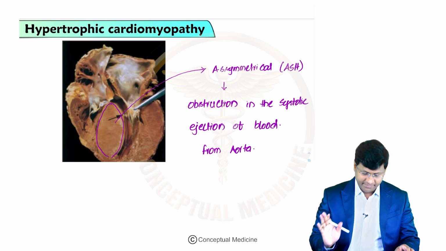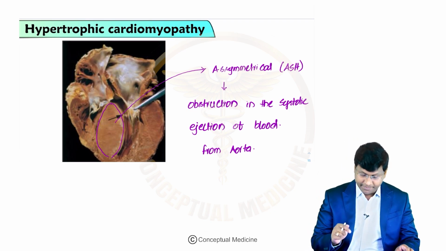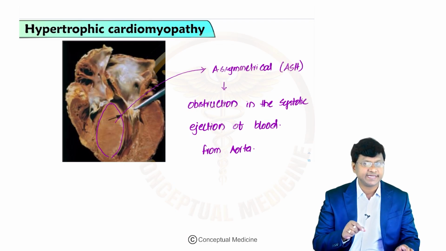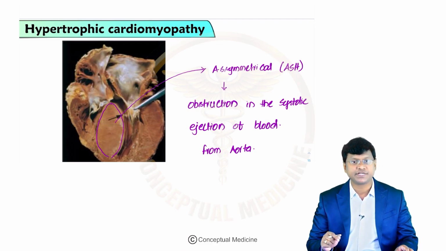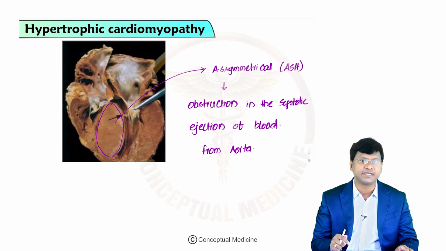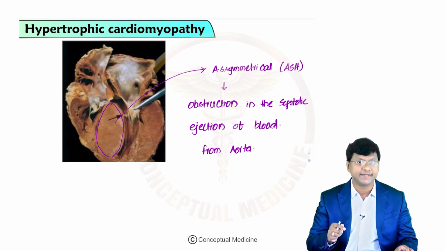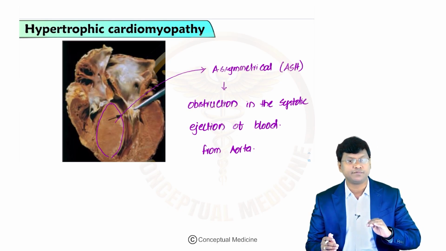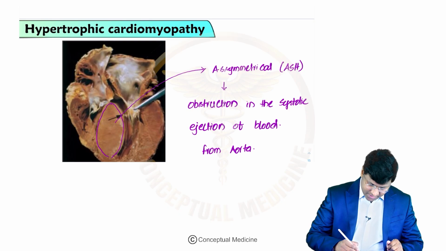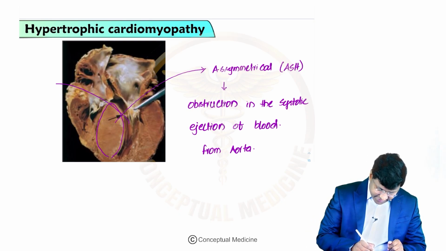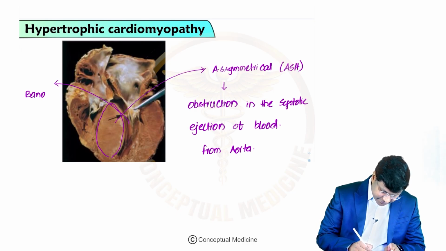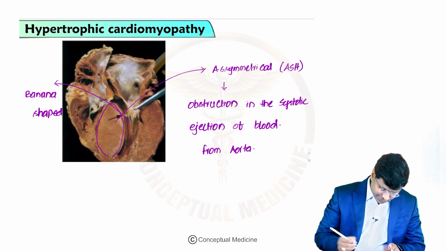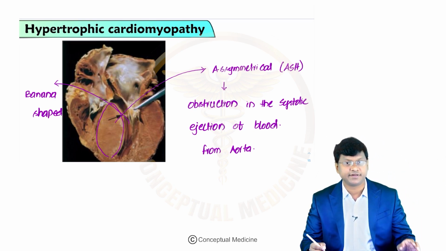That is what happens in patients with hypertrophic cardiomyopathy, particularly if the hypertrophy is at the interventricular septum, and that is the reason why it is called hypertrophic obstructive cardiomyopathy. And if you take the gross specimen, what will be the shape of the left ventricle? It is a banana shaped left ventricle.